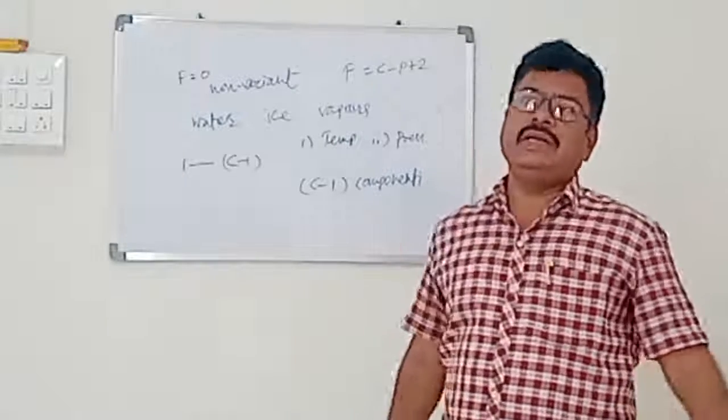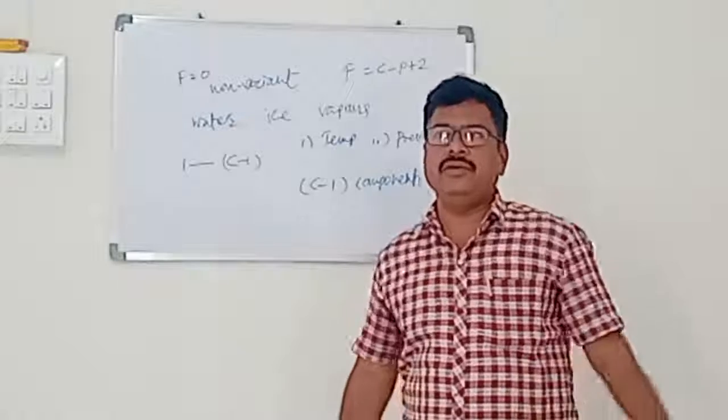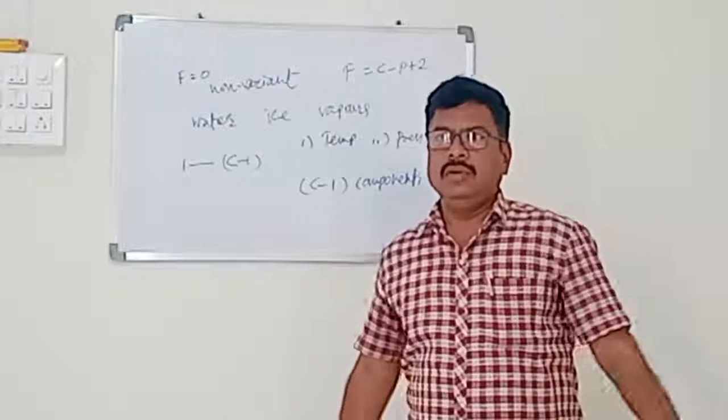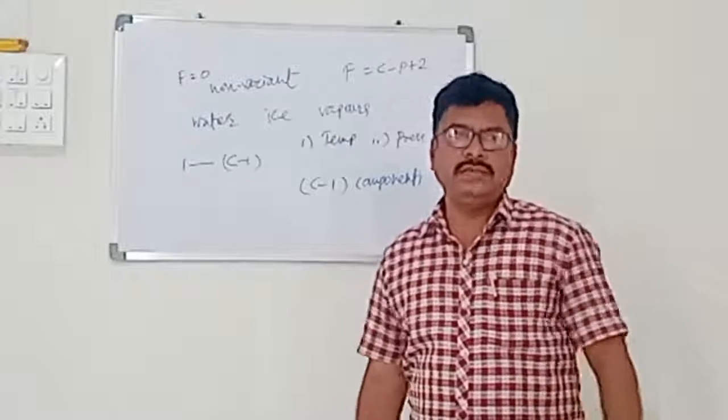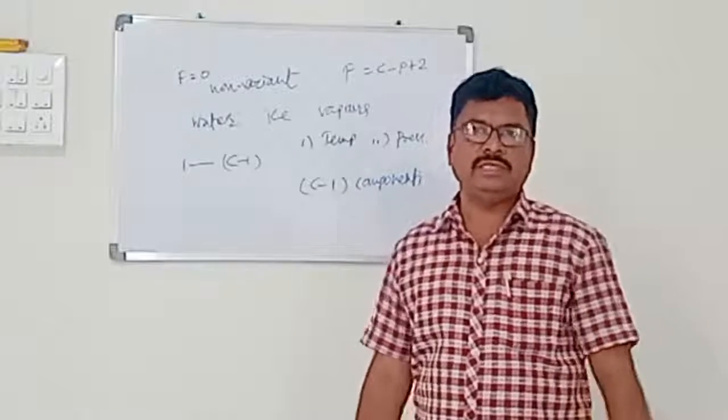Now let us discuss the derivation of the Gibbs phase rule. We have to derive this equation F is equal to C minus P plus 2.